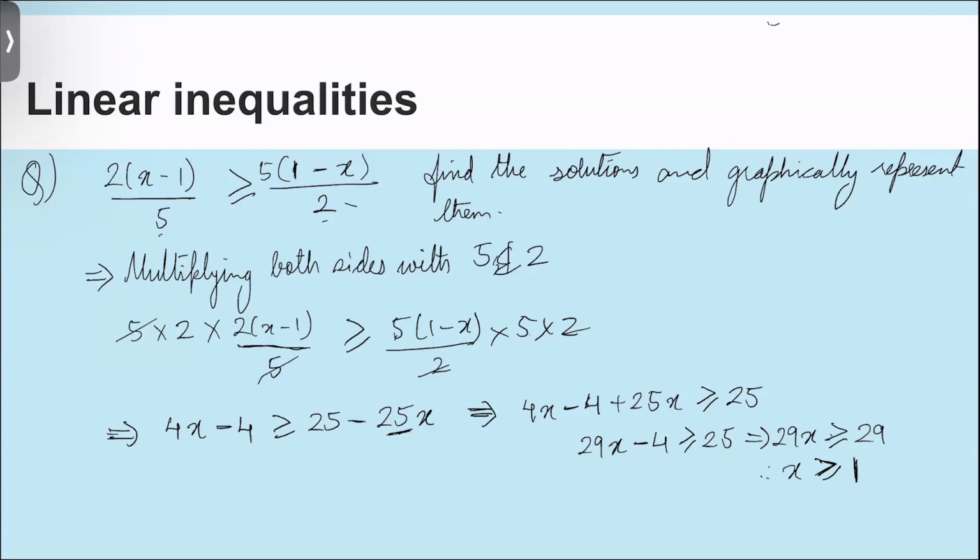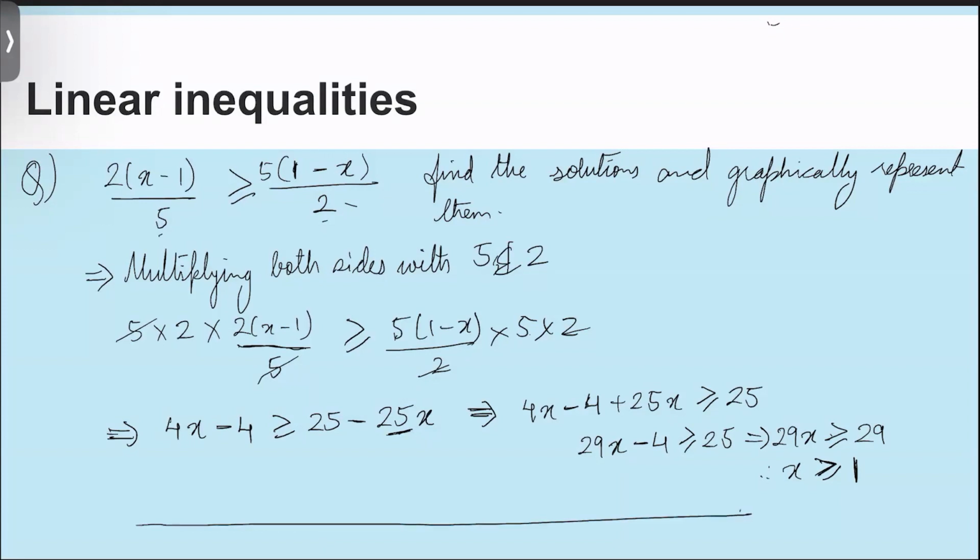Now when we represent it on the number line, suppose this is your number line. You take 0, you have 1, 2, 3, 4, 5, similarly minus 1, minus 2, minus 3, minus 4, minus 5.